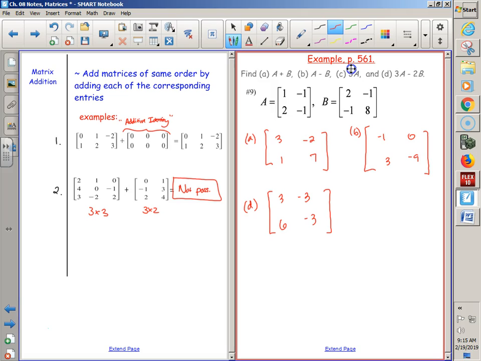Now, A, B, and C shouldn't take too long. If you guys remember from last year what you're doing, adding the corresponding entries, subtracting the corresponding entries, multiplying the corresponding entries.